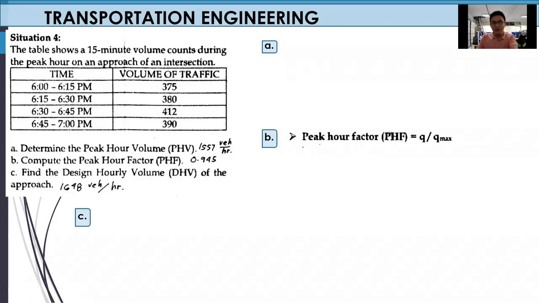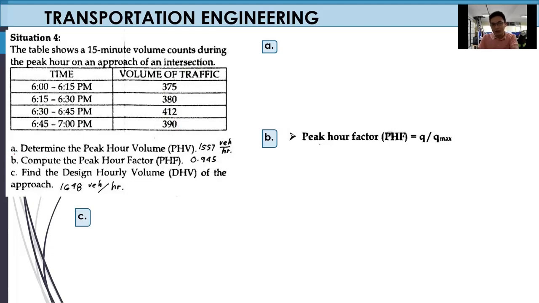volume count during the peak hour of an approach of an intersection. So here we have our time stamp, so 6 to 6:15 p.m., 6:15 to 6:30, 6:30 to 6:45, and we have 6:45 to 7 p.m. So with their corresponding volume of traffic for that certain time, we have 375, 380, 412, and 319.